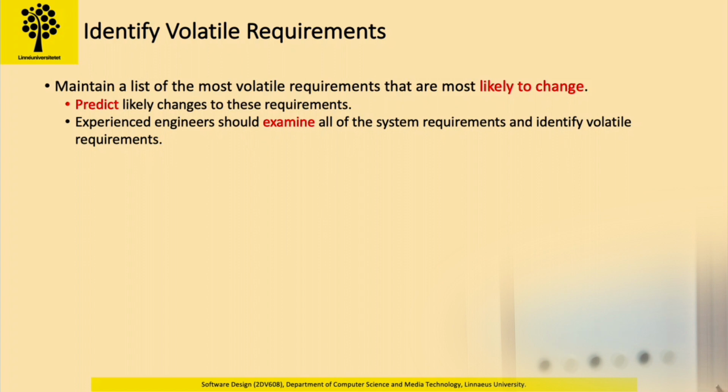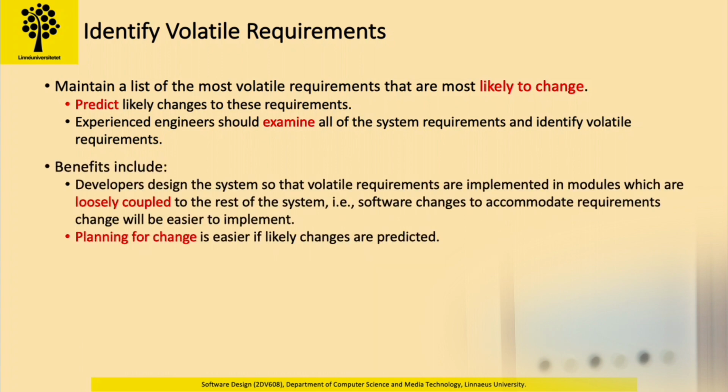So if you have a requirement statement that you've written, and some part of it will probably change in 2 or 5 years, it's beneficial to identify those volatile parts of the requirement. Another benefit is that if you already predict which parts of the requirements could change, you can plan for them accordingly in advance.